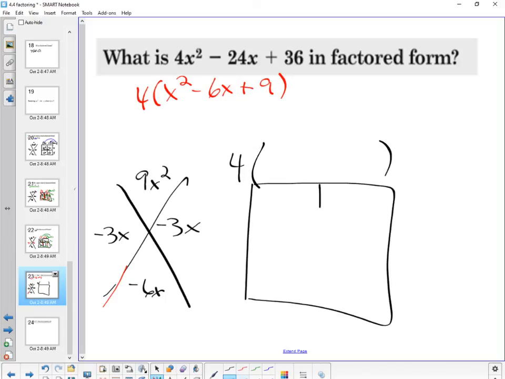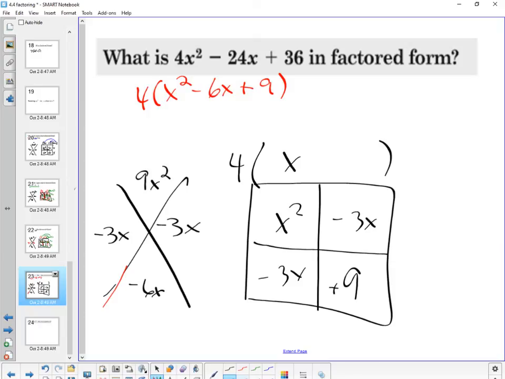So let's go over to the box. Okay, let's start here. What goes in my first box? The first one, x squared. And the last box? The last one, 9. And then we've got negative 3x on both of the other two. So as we factor up, plus 3. Let's do a 3 for now, and then we'll figure out whether it's going to be the plus or the minus. Going this way, x, and going this way, 3. Here you just got to decide where the plus and the minus goes.